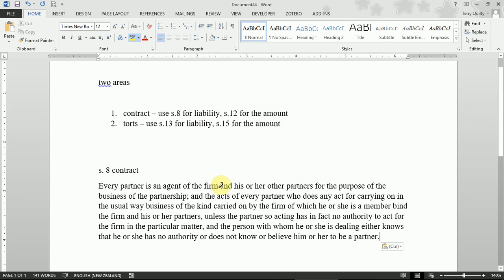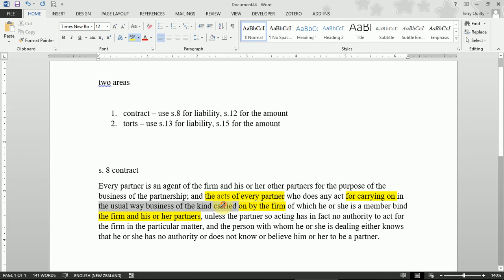Every partner is an agent of the firm for the purpose of the act, and the acts of every partner for carrying on in the usual way of business of the kind carried on by the firm is binding on the firm and its co-partners.